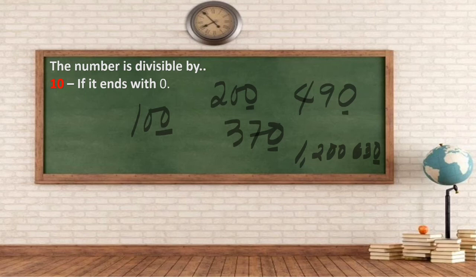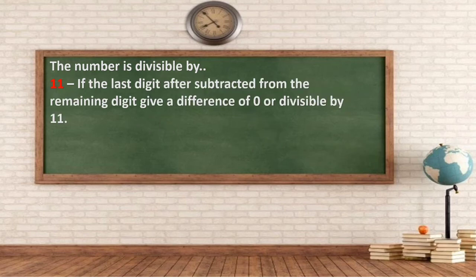Okay, next, divisibility rule. The number is divisible by 11 if the last digit subtracted from the remaining digits gives a difference of 0 or a number divisible by 11. Example of this is 583.